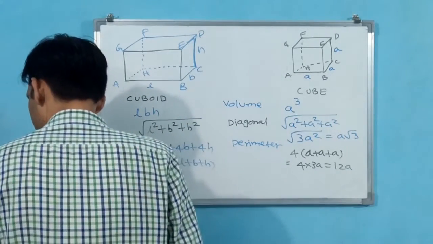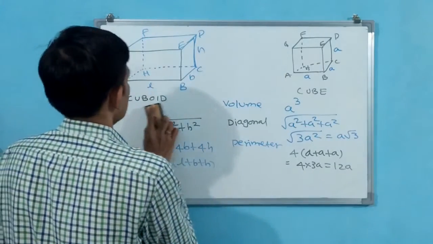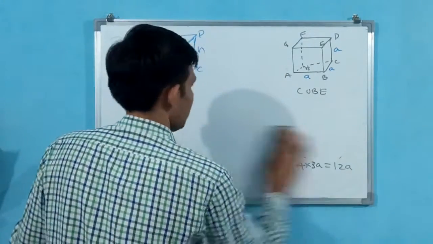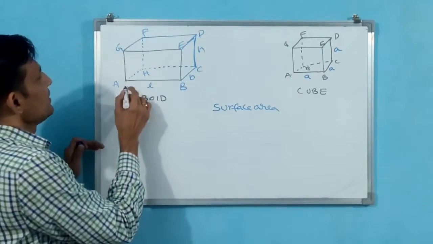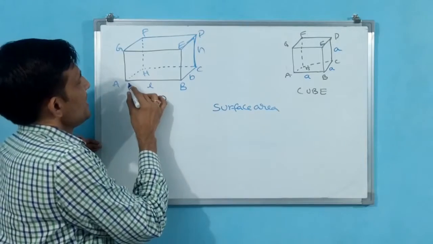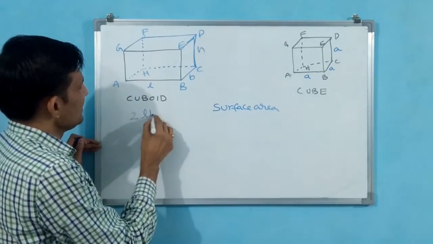Area. Okay. See, here area is length into breadth. But 2 times length into breadth. Why?